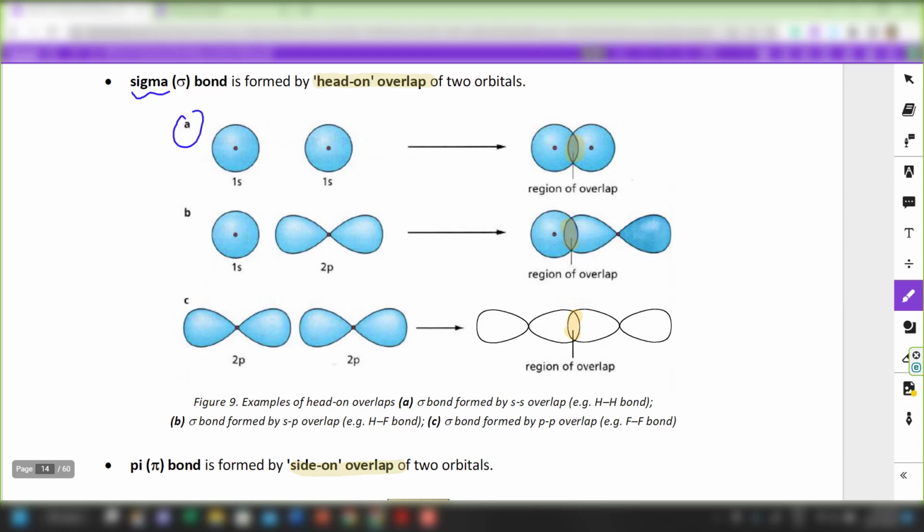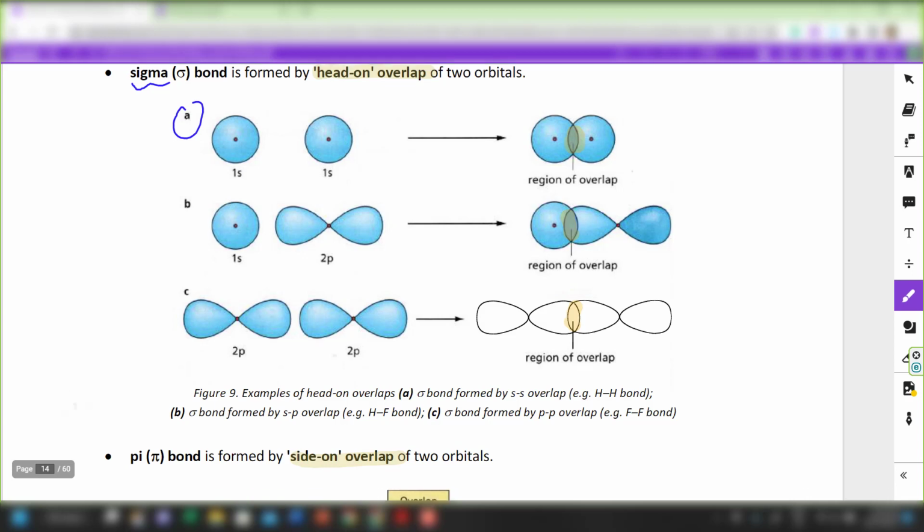What would be a good example of an s-s overlap? That would be between two hydrogen atoms. Then for a 1s and 2p overlap, that will be a sigma bond between H and F. Okay, so those are some examples which you can probably give.